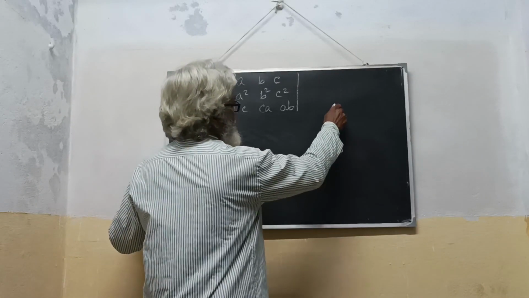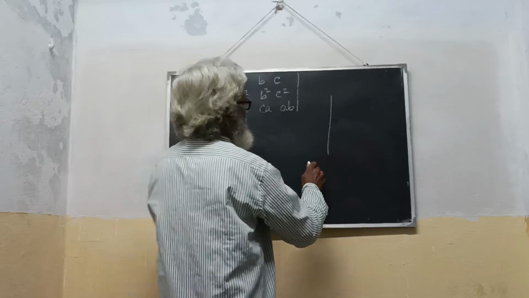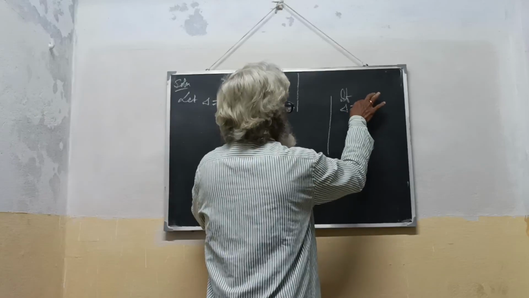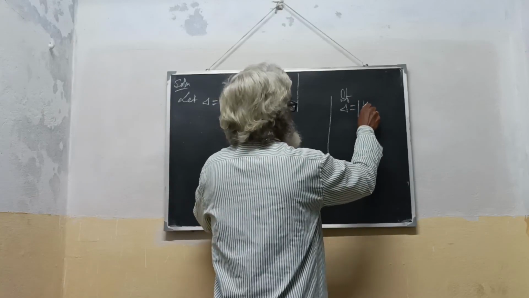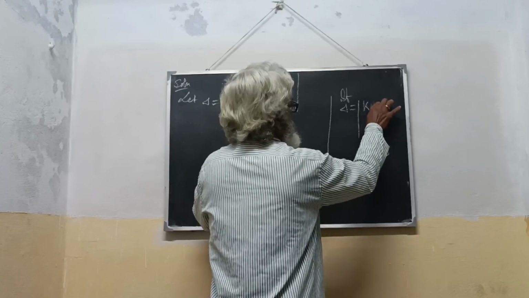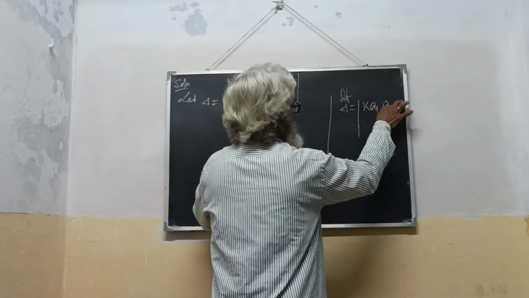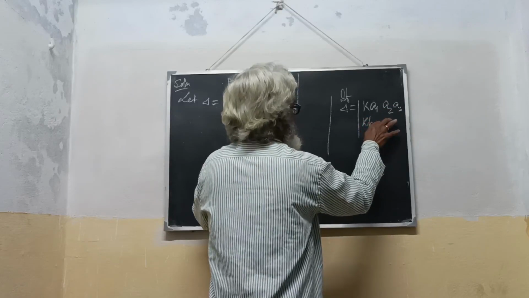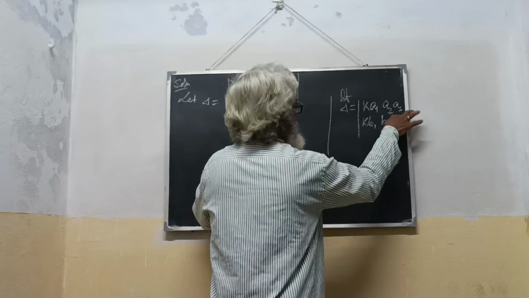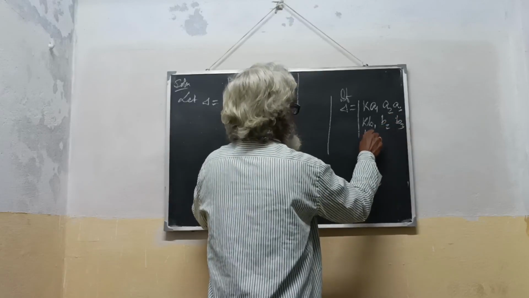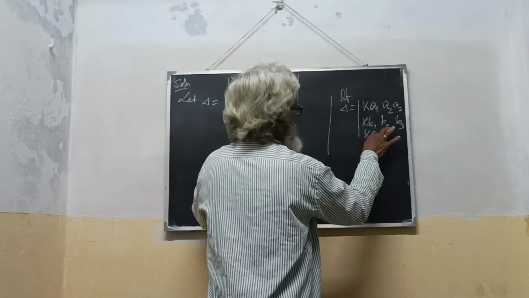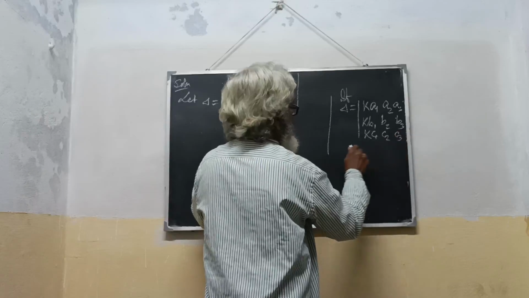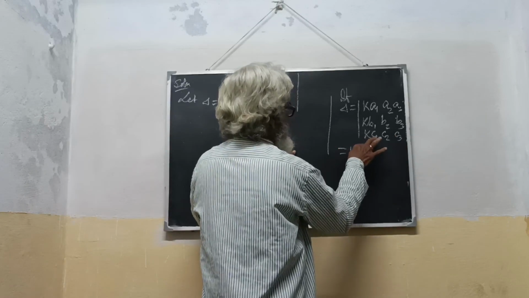You see the property, if delta equal to K1, A2, A3, KB1, B2, B3, KC1, C2, C3 equal to, what was my result?